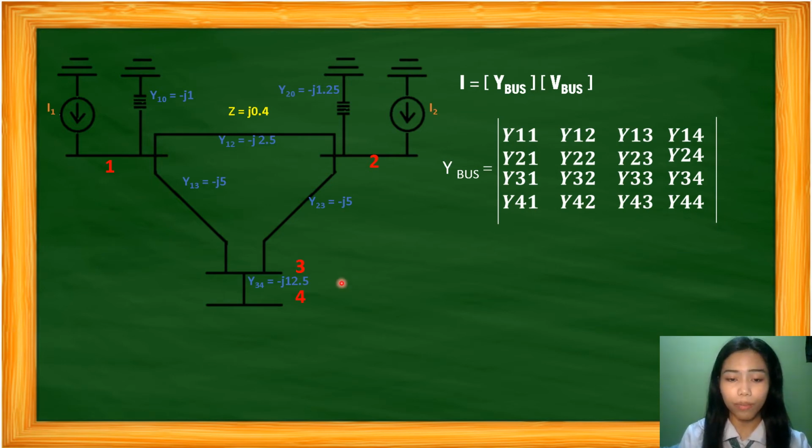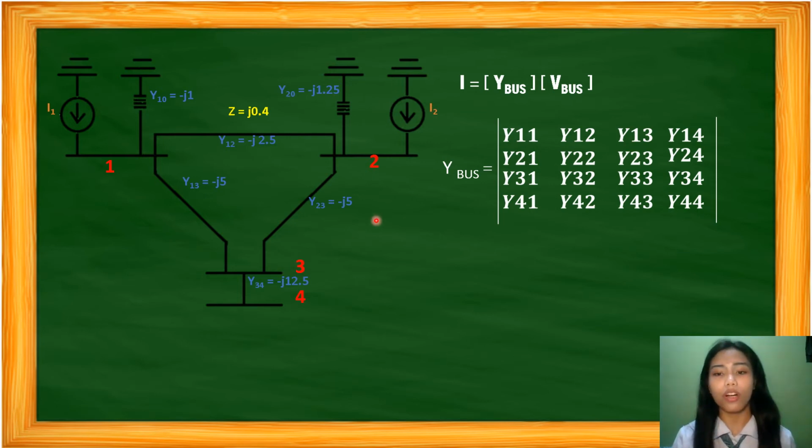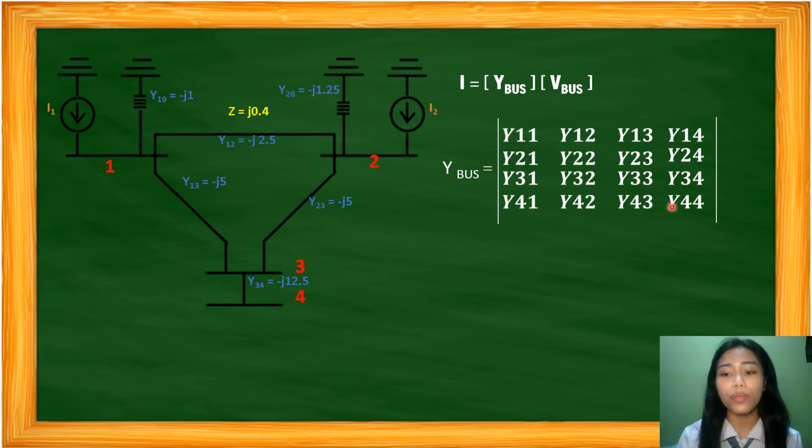In bus 4, we have y34, since this is the only admittance connected to bus 4. These four are what we call the diagonal elements.